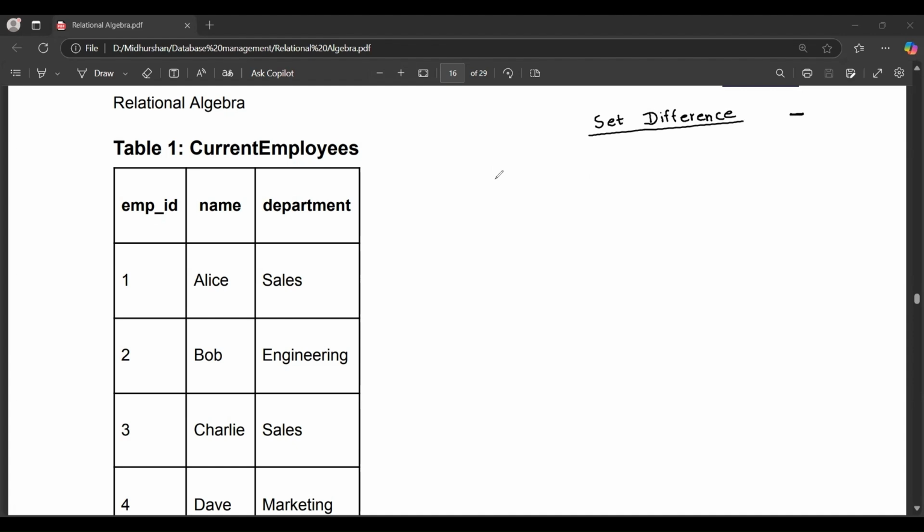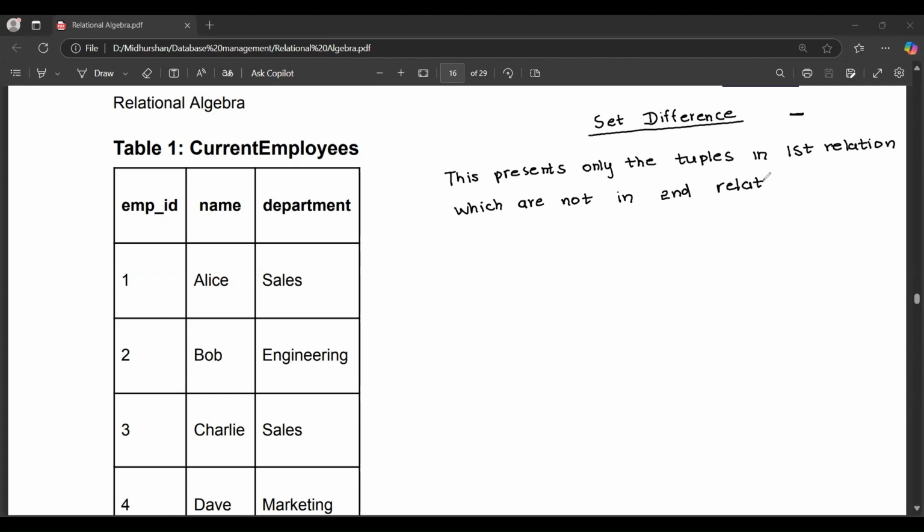It presents only the tuples in the first relation which are not in the second relation. Okay, so this is the basic idea, the function of set difference.